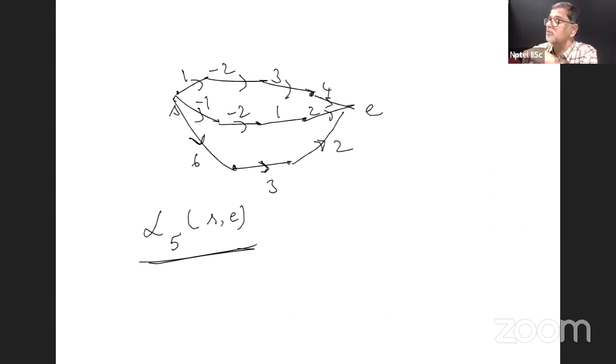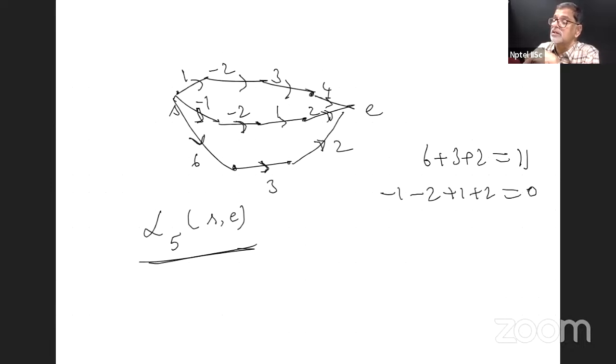6 plus 3 plus 2, that is 11. And this also has fewer than 5 edges. I add -1, -2, +1, +2, which gives 0. The other one, 1, 2, 3, 4, I should also consider because it is at most 5.